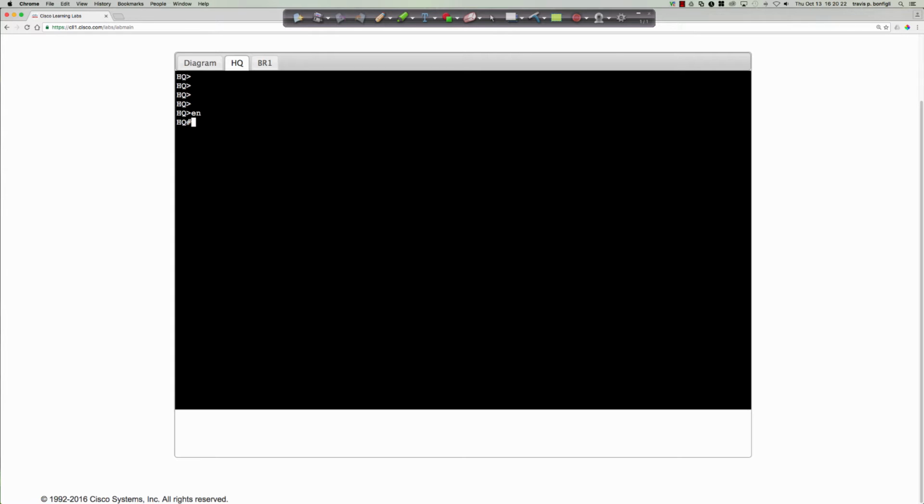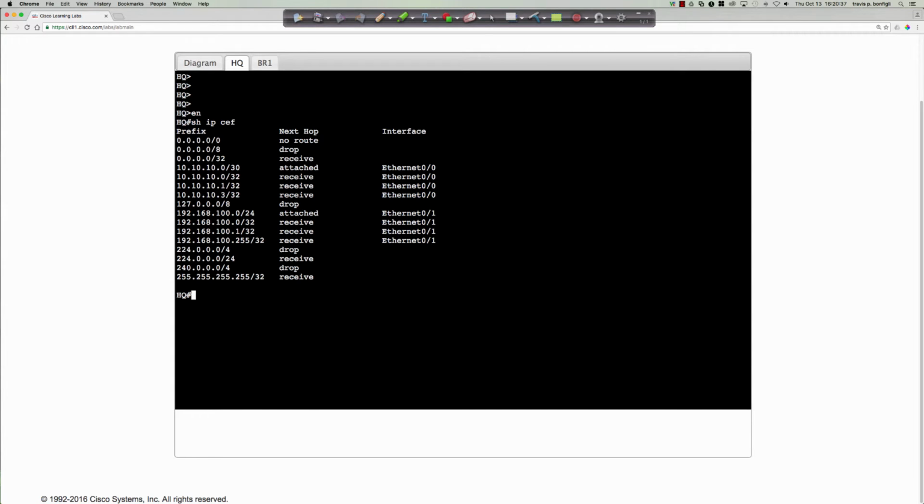Now the key thing to remember about the FIB is that it basically pre-computes lookups for every single route that the router has. So if I were to say show ip cef, for every single entry I have here, I have pre-computed the network and then the outgoing interface.